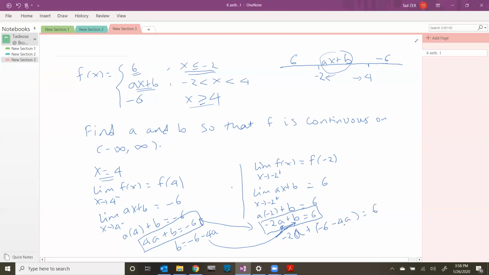So -2a minus 4a is -6a, -6 equals 6. If you add 6 on both sides, that will give you -6a equals 12. Divide both sides by -6.